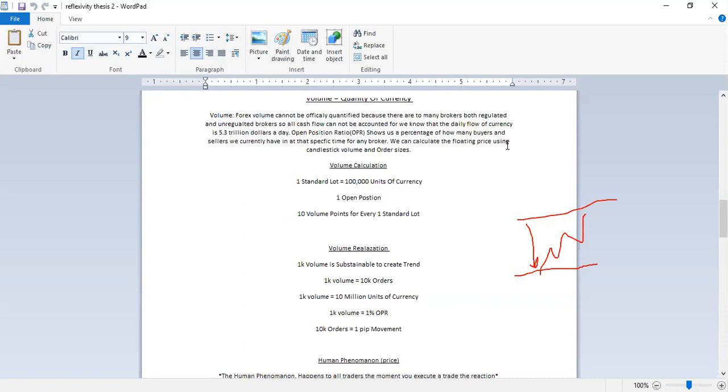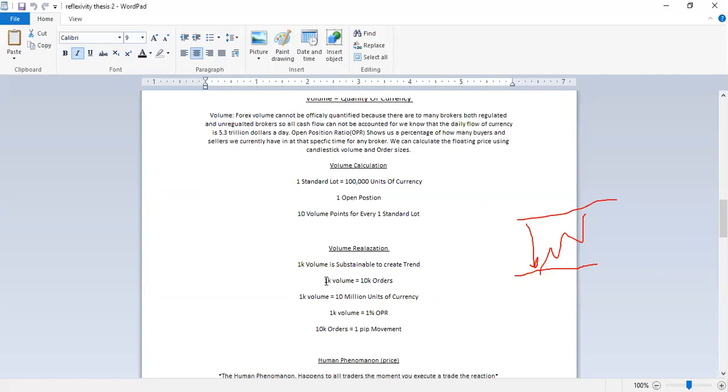If I'm looking at the charts and I look at my volume graphs, which I'll show you real quick, I'm going to pull up a chart just to give you a clear idea of how the volume looks. But if I see that we have 10,000 units of currency being traded, what that means is 10,000 orders, okay?